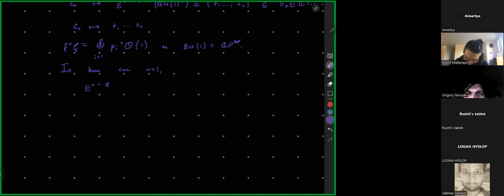Then E star of BU1 is just the same thing as the reduced cohomology of CP infinity.